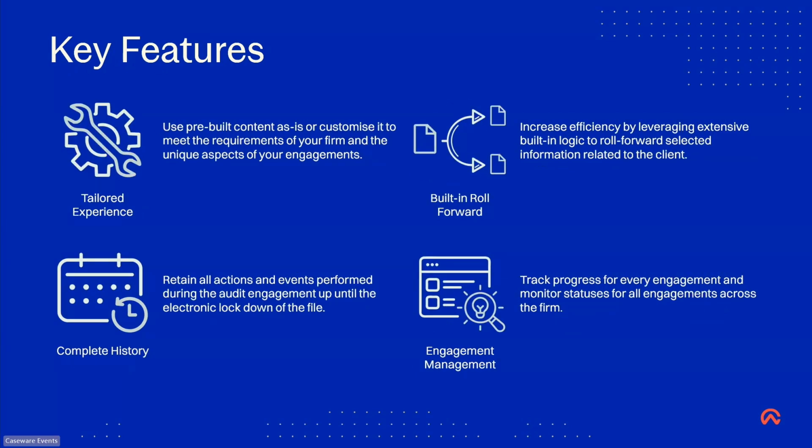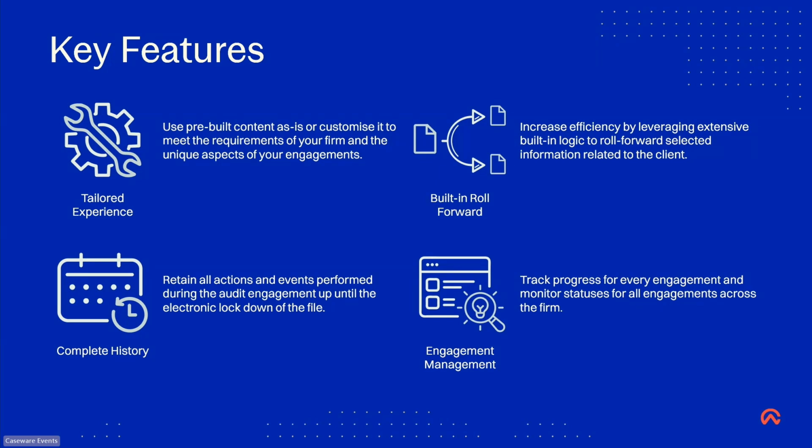We also have the tailored experience. This is where, for example, in your engagements file, you have questions, and as you answer those procedures, more procedures show up, or documents skip and hide, are visible or not visible. So we tailor that experience. We've got the built-in roll forward.